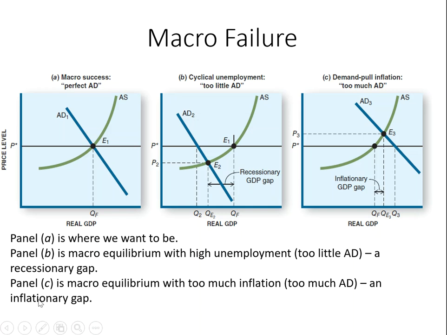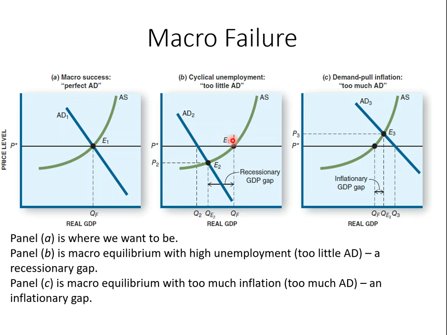Under this E1, the horizontal axis value is QF, which means the equilibrium GDP is equal to the full employment GDP. If that's the case, the market is functioning successfully and meets its macro goal. This is what we aim for. B and C are considered failures.